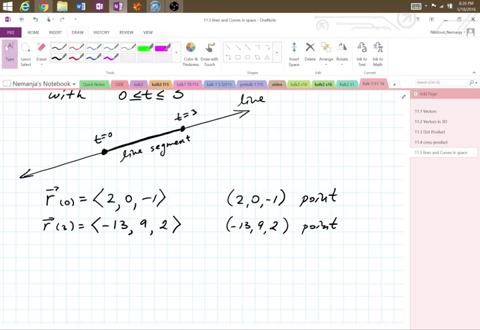This is going to come up later in our calculations in chapter 14 and so on, and chapter 13 is also going to have something about it. So let's keep this in mind. We are done with straight lines. We want to see the curves in space.